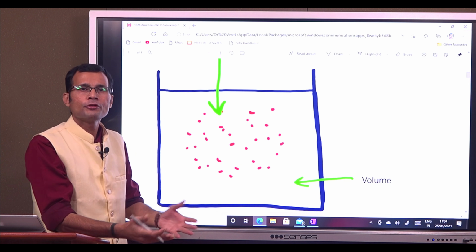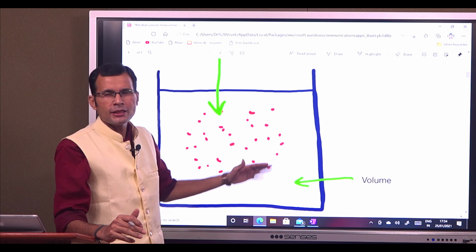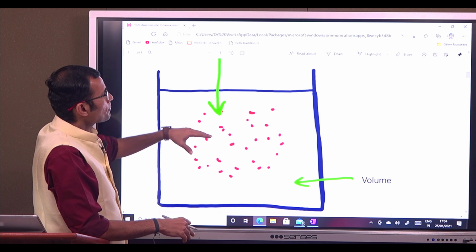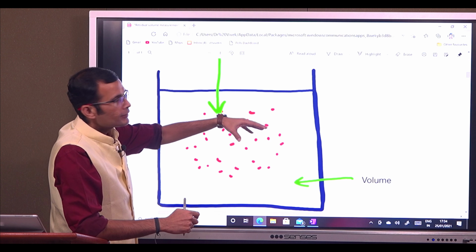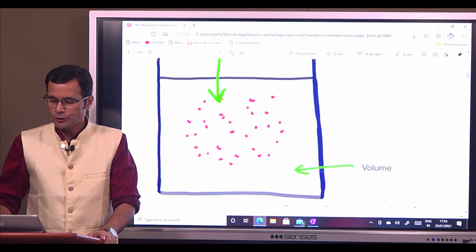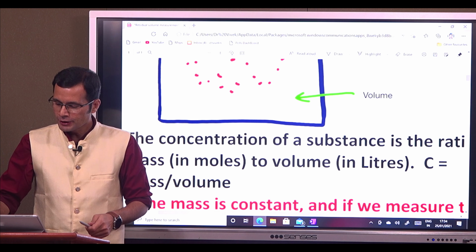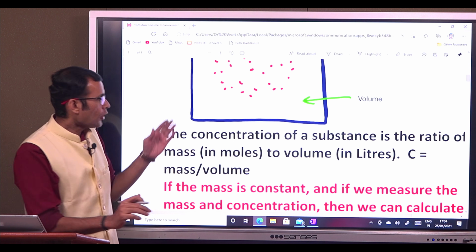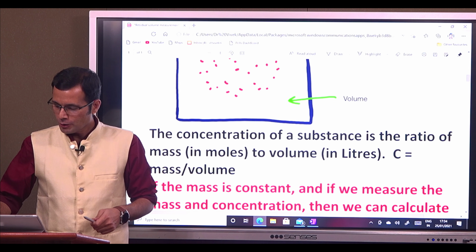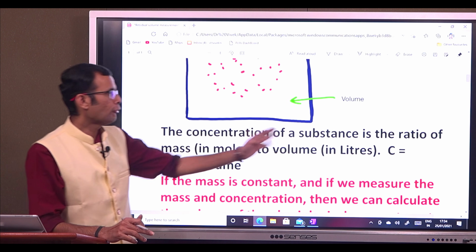I am just trying to first establish the basic principle on which helium dilution is based. Concentration of a substance is the ratio of mass to volume.